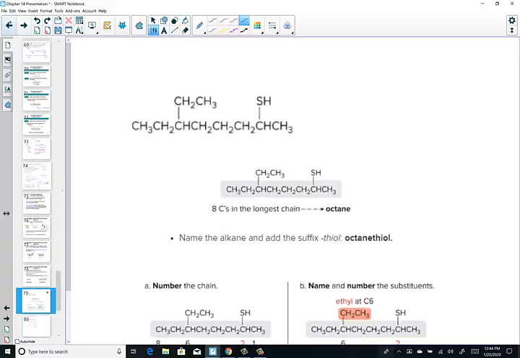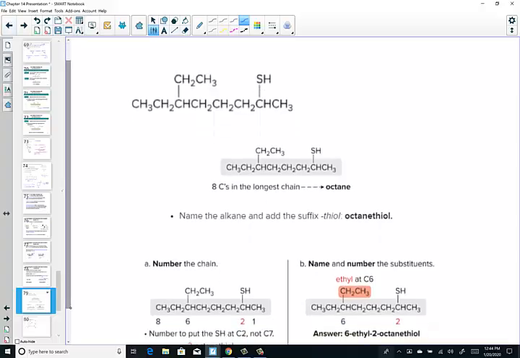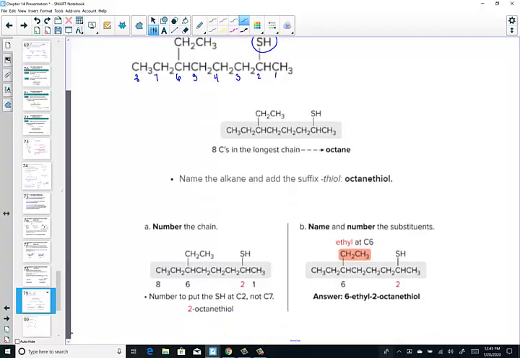We can practice. Here's an example where we're learning how to name a thiol in a step-by-step fashion. I recognize the thiol functional group, so I know that the ending will have a thiol suffix. Here I'm noticing that I have an ethyl alkyl branch as well. Let's find the lowest numbering system possible for these branches. Looks like I have an 8-carbon chain. At carbon number 2 is a thiol, and at carbon number 6 is an ethyl.